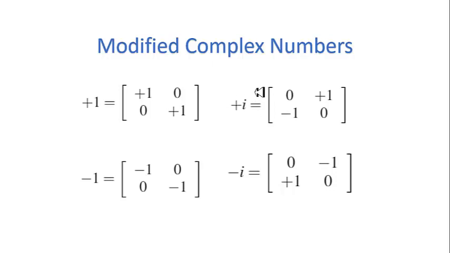So you don't have to write I anymore using modified complex numbers. The identity that this represents in 2 dimensions has the +1 on the upper right corner and -1 on the lower left corner. This is I in 2 dimensions.